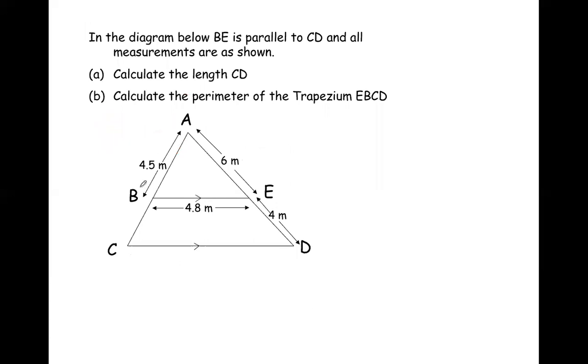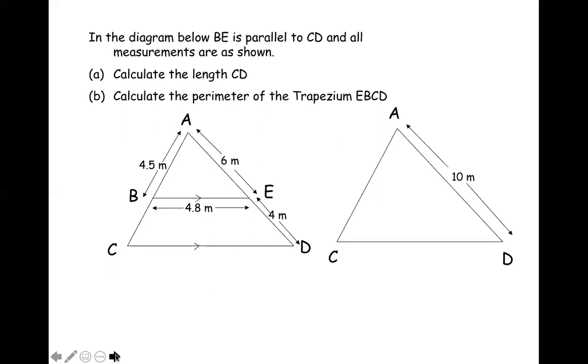So this is a past paper question. Calculate the length CD. So I've been asked to find the length CD. So that's enlarging from 4.8. And after that, calculate the perimeter of the trapezium EBCD. So to do that, I've got a 10-meter triangle.